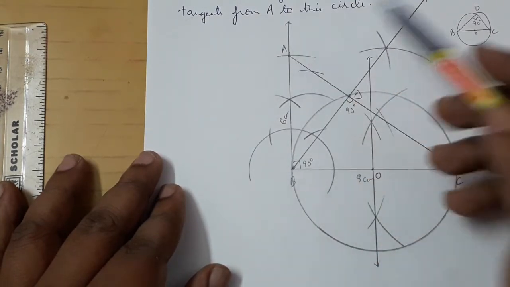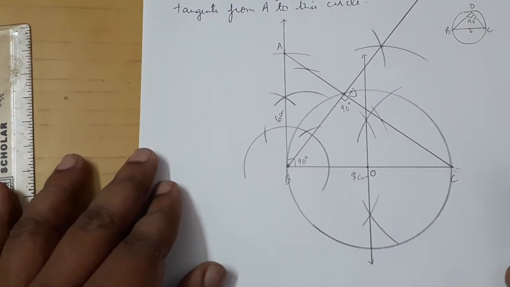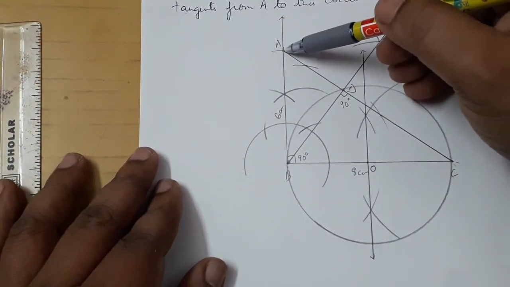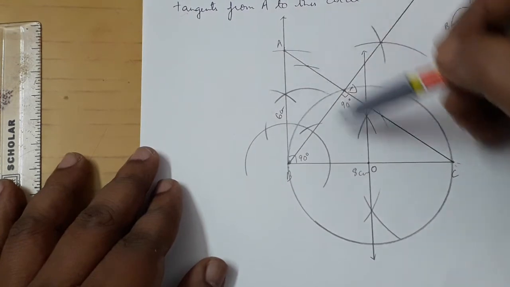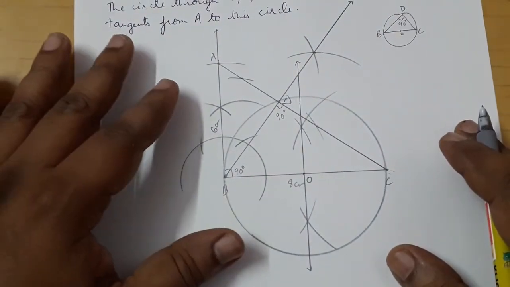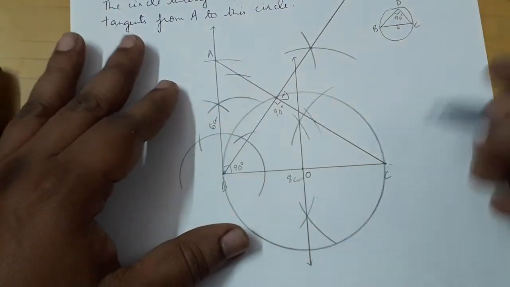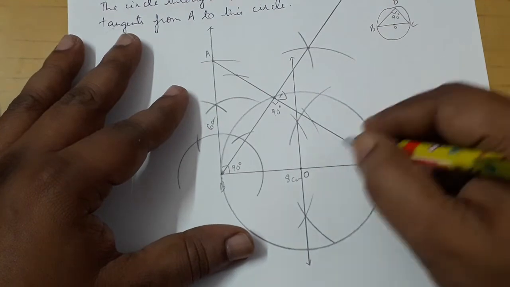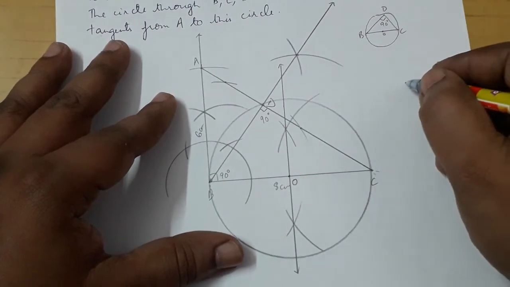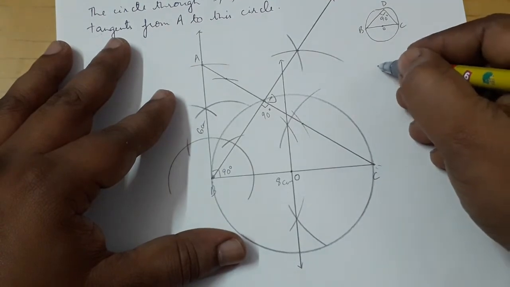from A. So what we'll do first is we'll have to draw a line from A to O. What we are trying to do out here is we need to construct another circle. So we have this circle over here, and this point is out here, right?